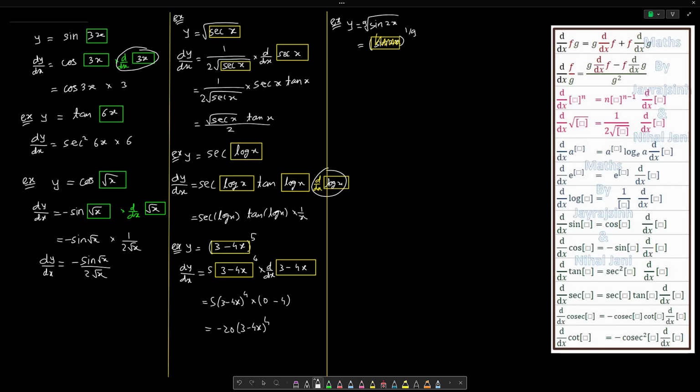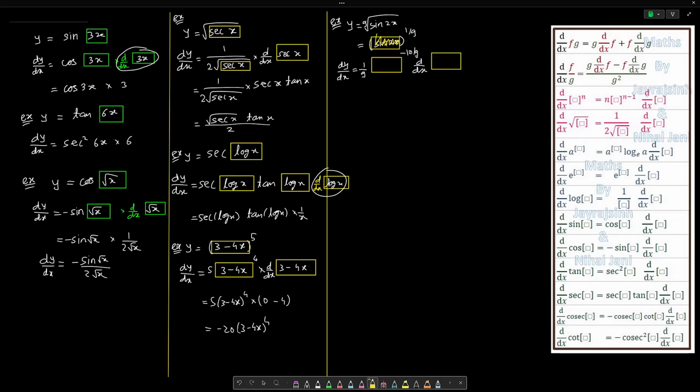So box raised to 1 by 9, so your differentiation will be 1 by 9 box raised to 1 by 9 minus 1, which is minus 8 by 9, into d by dx of box.